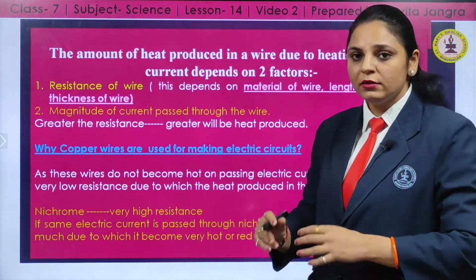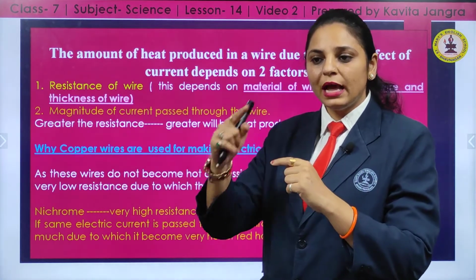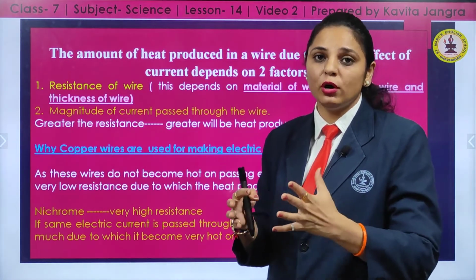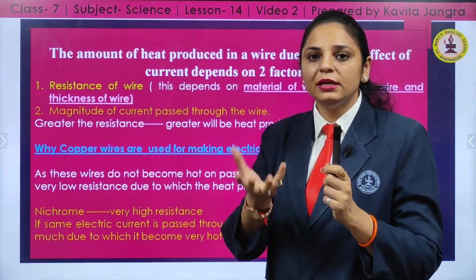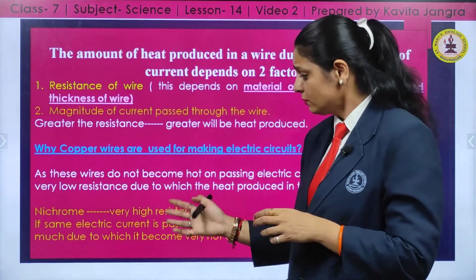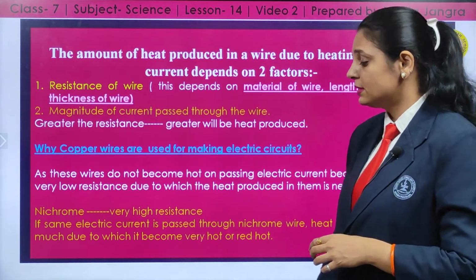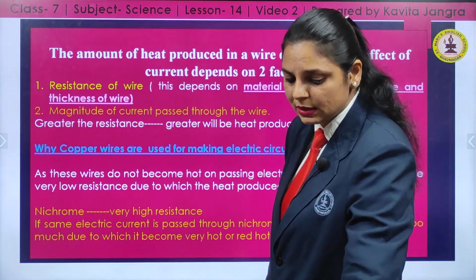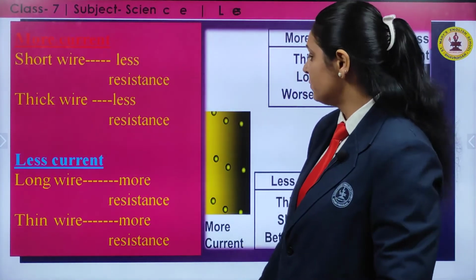A nichrome wire has very high resistance. So when electric current passes through it, what will happen? If you see the heaters, when you switch on the heaters, the heater becomes red hot and ultimately fire occurs, then burning. This is because of the high resistance, and that's why they are used in heating appliances. This is the heating effect due to electricity.